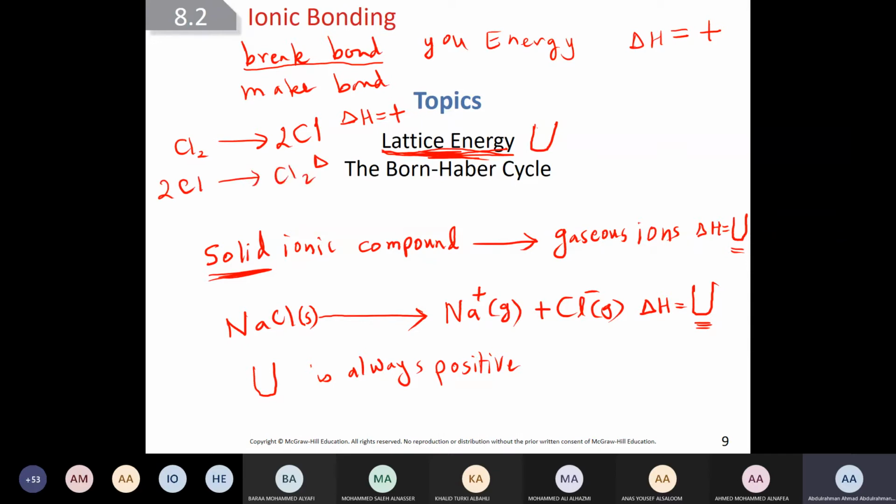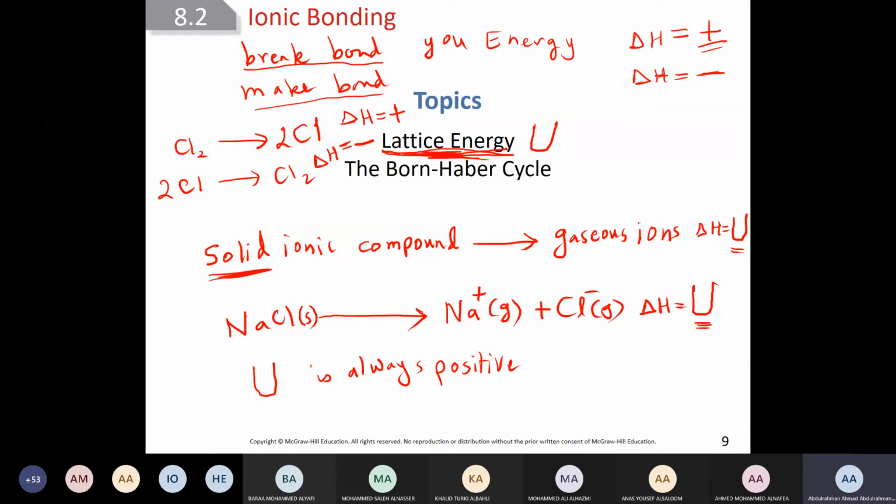What's delta H? Negative. Is this clear? So whenever you break a bond, delta H is positive. Whenever you make a bond, delta H is negative. Good.